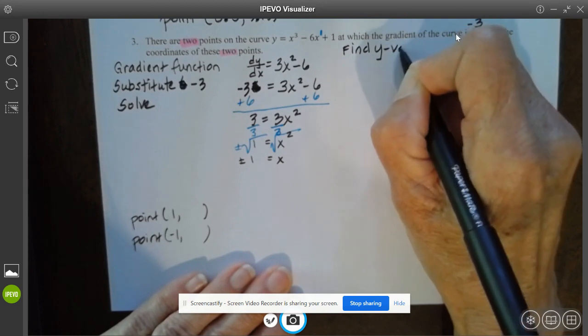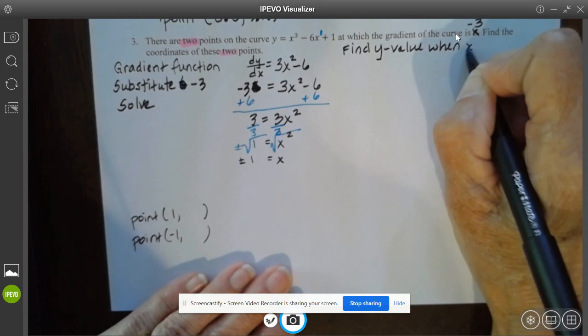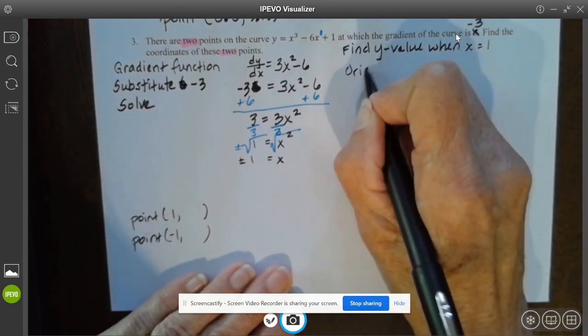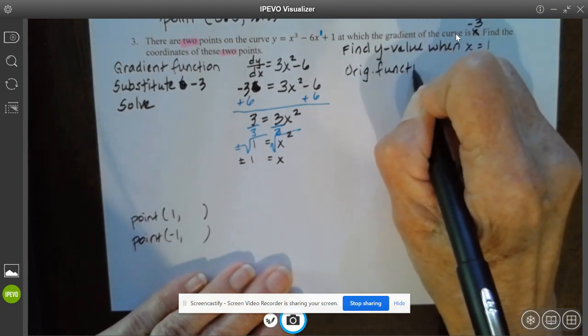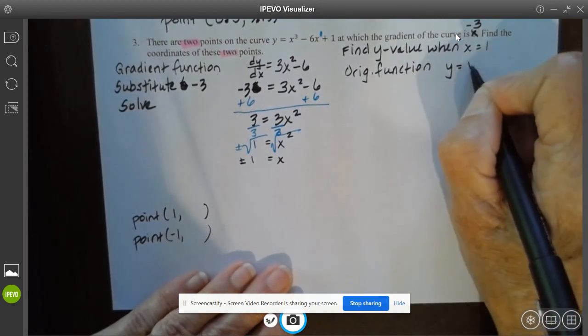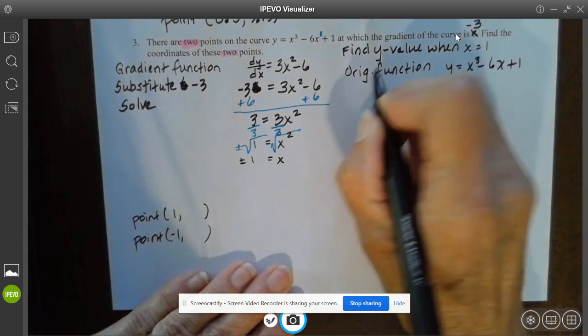So find the y value when x equals 1. We'll do that first. So original function, y equals x to the third minus 6x plus 1.